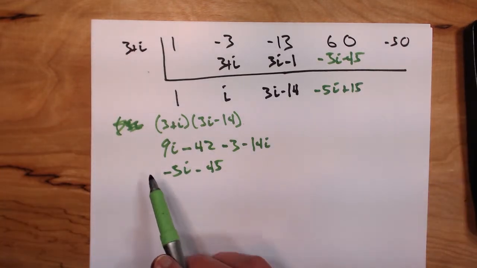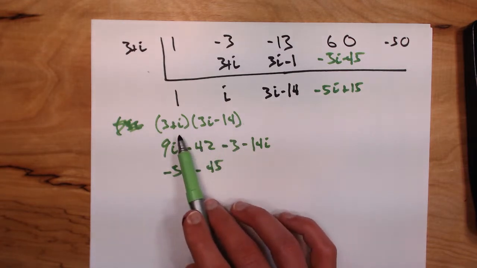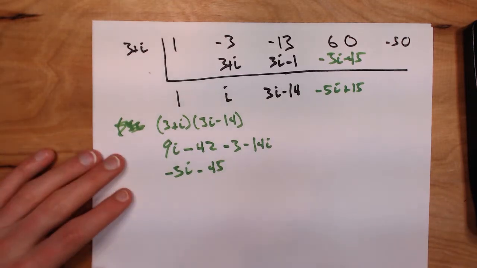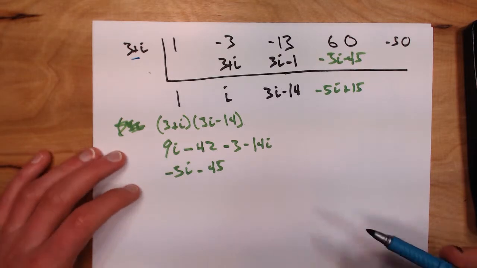I got my signs there, right? I think, let's see. Yes, okay. And now if we did our job right, remember this is a root, so our remainder should be 0, so cross your fingers.